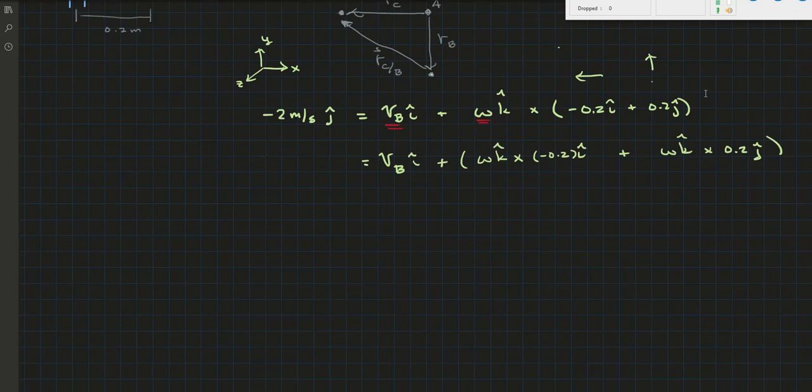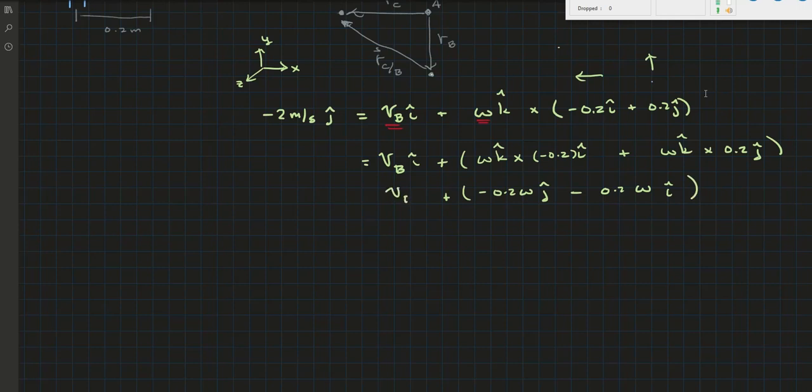So I distributed now this cross product, and again our first term here turned out to be minus 0.2 omega. k cross i is j. Now our second term, k cross j, this is going to be minus i. So again, this is going to turn out to be an i, and this is 0.2 times omega.